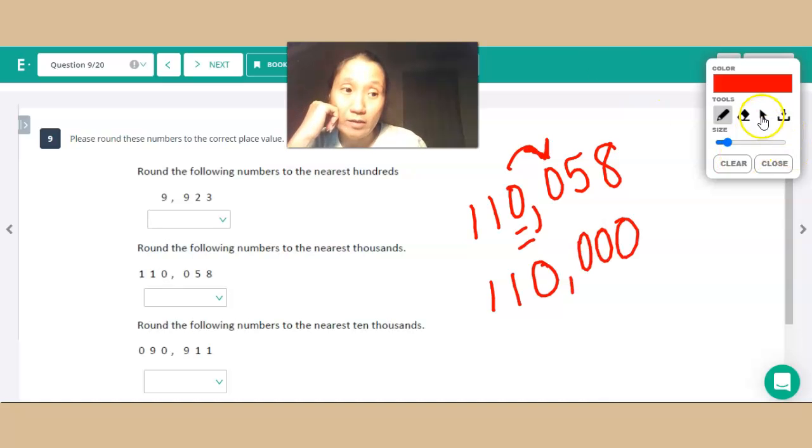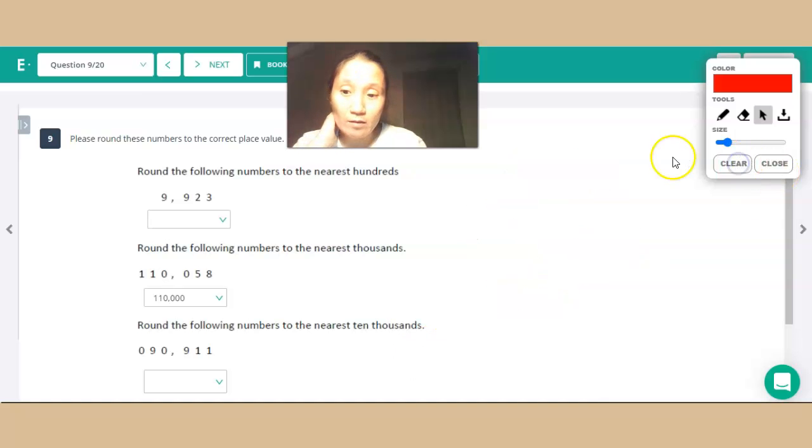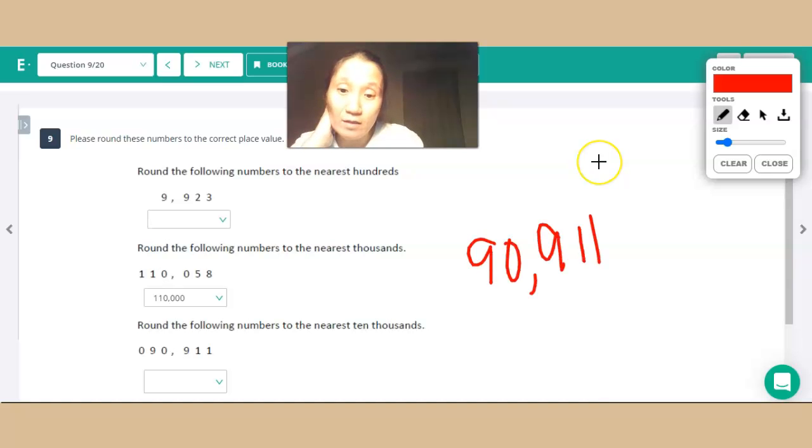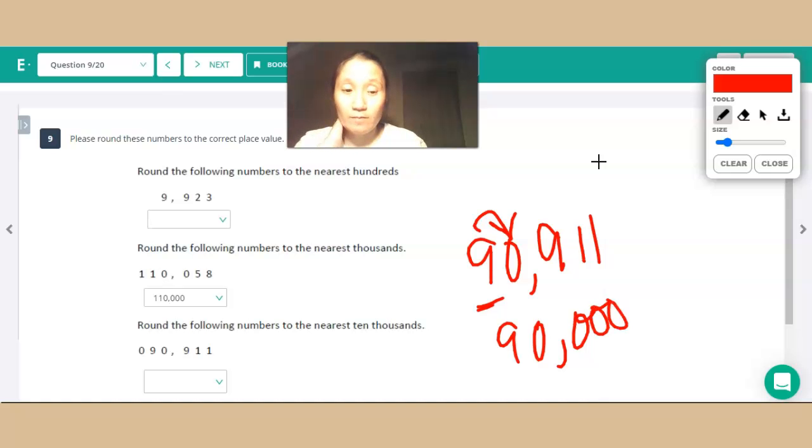So then you're going to come over here, pick the correct number, which would be that one, and follow. So then looking at 90,911, nearest 10,000 here. 9 is looking to the 0, nothing's going to happen, so it's going to turn into 90,000.